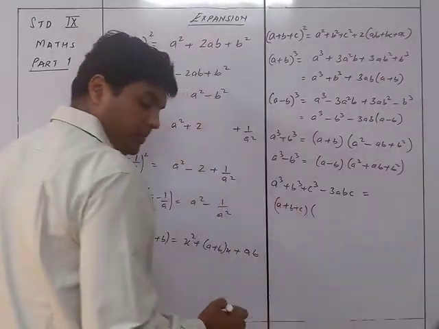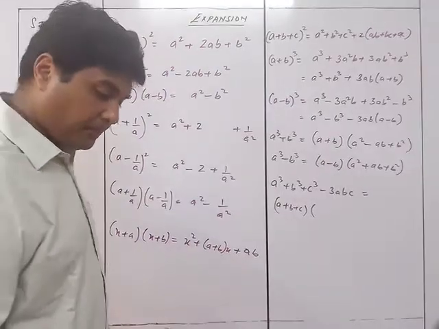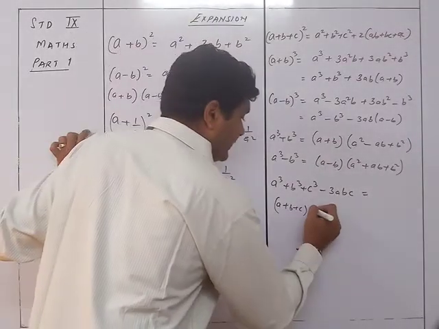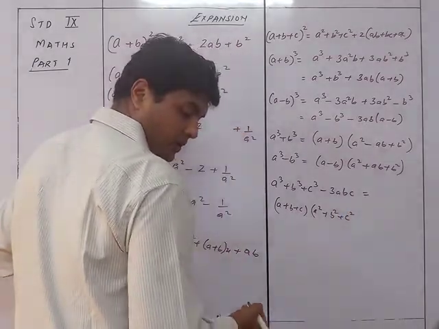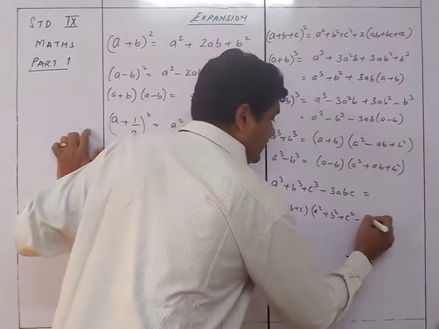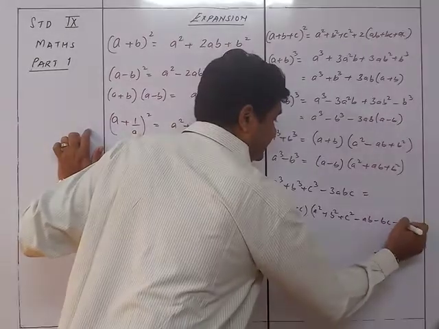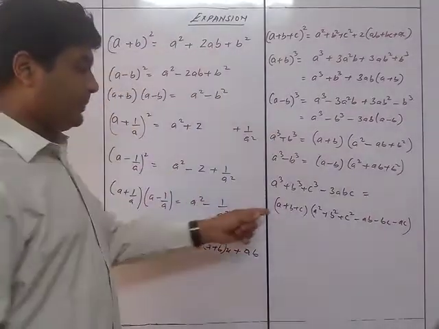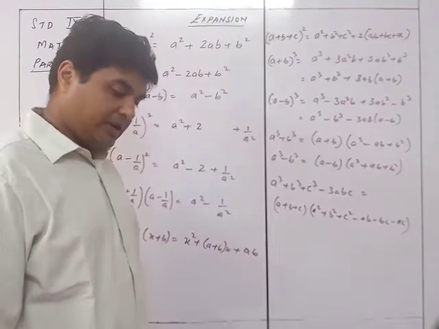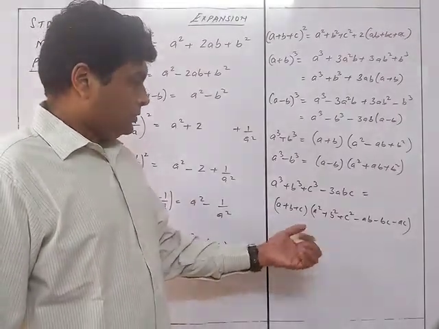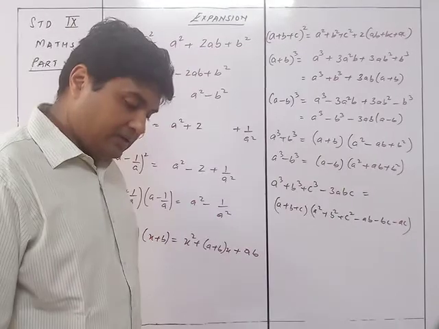The second one will be the squares and that part. So it will be first one a square plus b square plus c square, and then you are going to write it as minus ab minus bc minus ac. So this is for a cube plus b cube plus c cube minus 3abc. So that is one part.